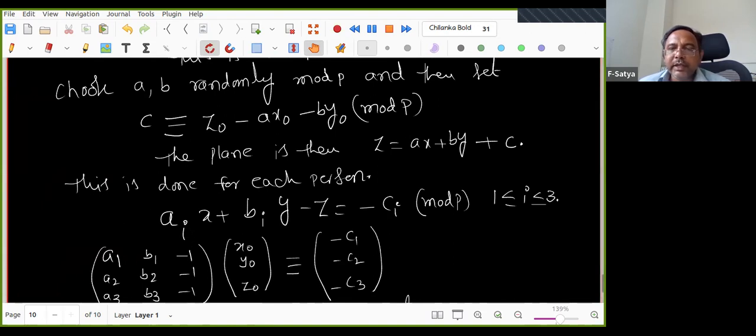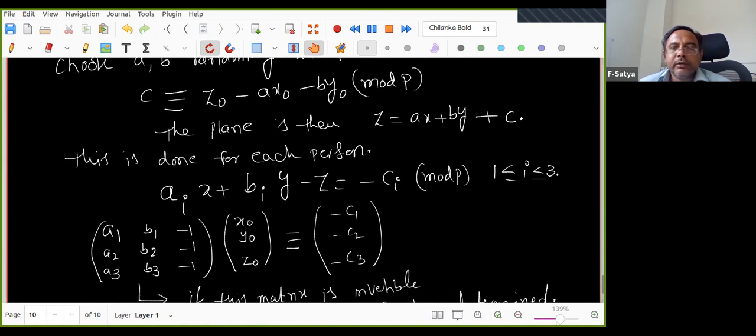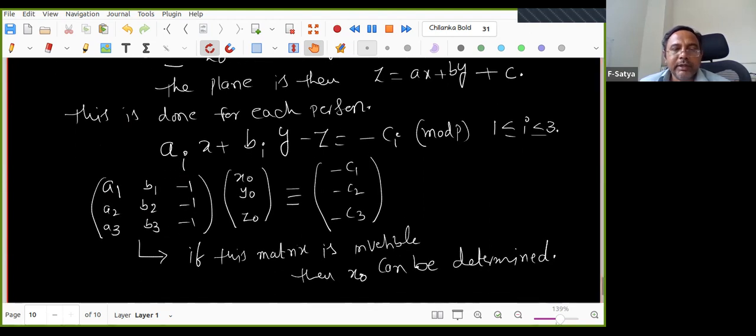So each person will get an equation. For example, he gave it to 3 people; I can actually give to many people, but when 3 people come together, they can do it. The first person has A1x + B1y − z = −C1, and similarly the second and third persons. We can put it in matrix form like this.